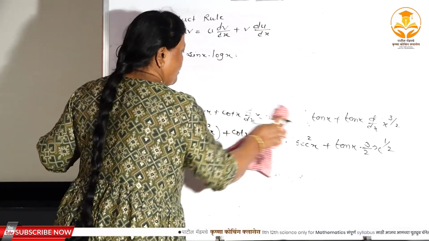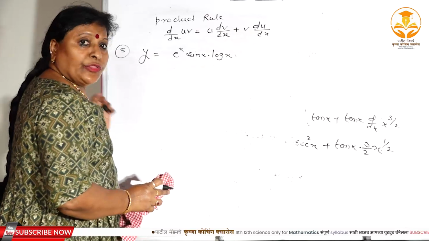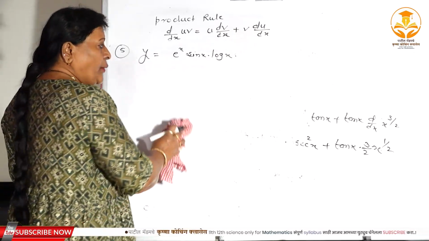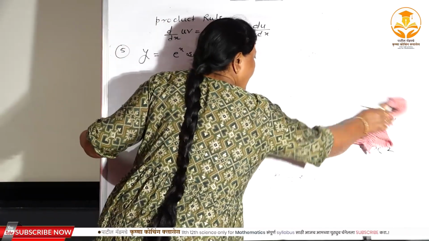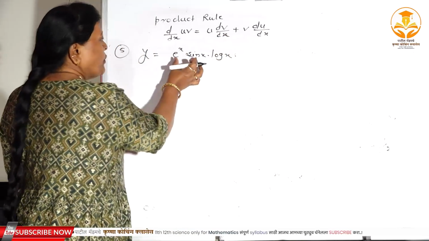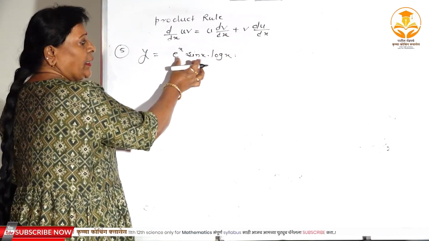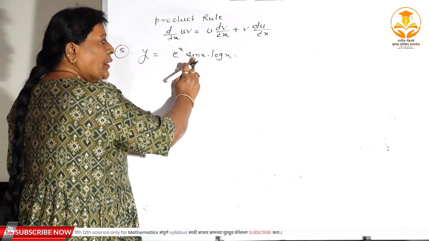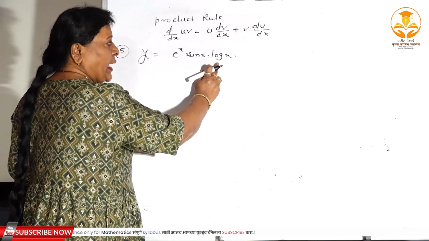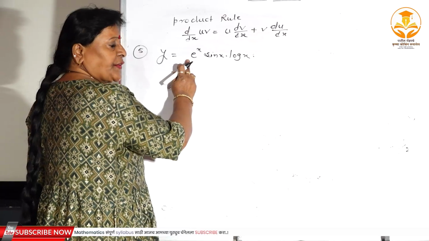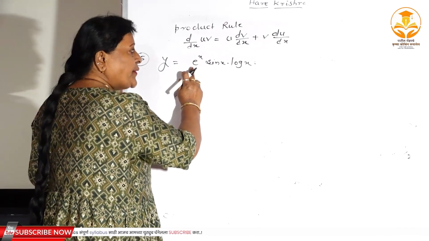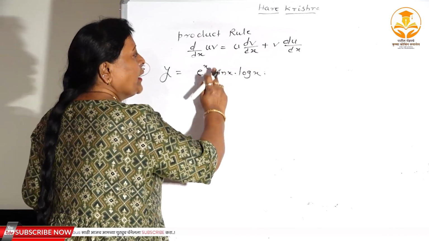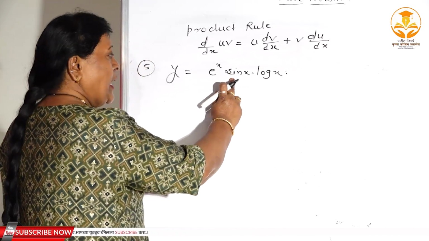Again what you have to do? Apply the multiplication rule, but whenever 3 functions are multiplied, I have told you the rule of the derivative: first you keep the first 2 functions as they are, take the derivative of the third function. Then you keep the second and third functions as they are, take the derivative of the first function, plus again the first and third functions remain as they are, take the derivative of the middle function, isn't it?